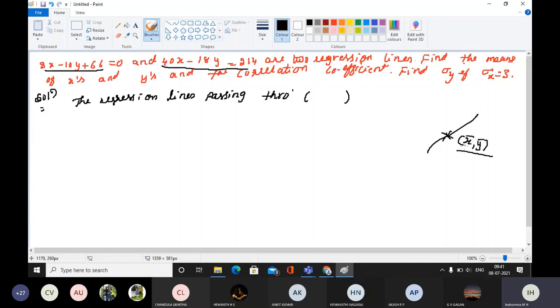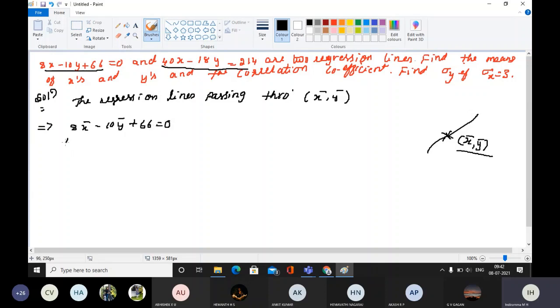Whether I told you yesterday or not, tell me first. The regression lines are passing through the means, that is x bar and y bar. So we can replace x by x bar and y by y bar in both regression lines. Therefore the regression lines become 8 x bar minus 10 y bar plus 66 equal to 0.